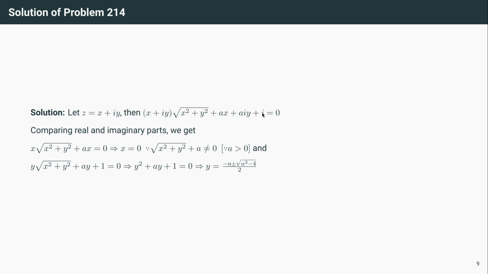Instead of 1 we have i, so the answers will flip. This time x will become 0 and y will become a negative number. So z would be a purely imaginary number. Imaginary complex number is a bit of a tongue twister. You can simply call it a purely imaginary number, which will have a negative coefficient.